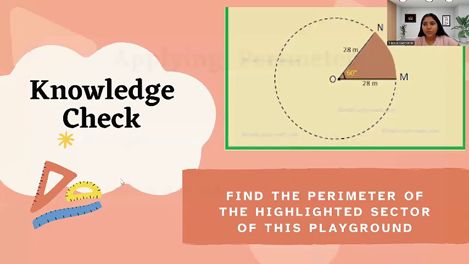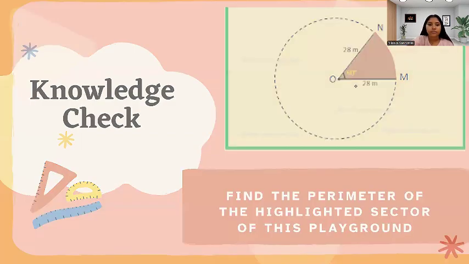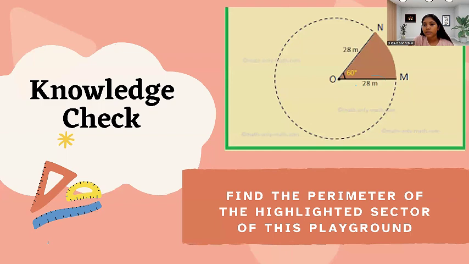Now let's move into a problem. So this is the playground and I want you to find the perimeter of the highlighted sector. So let's say the given data. The radius of the sector is given, 28 meters. The angle at the center is given, 60 degrees.